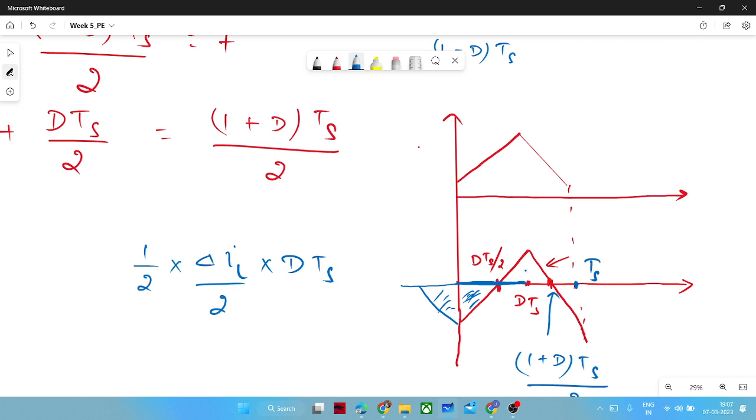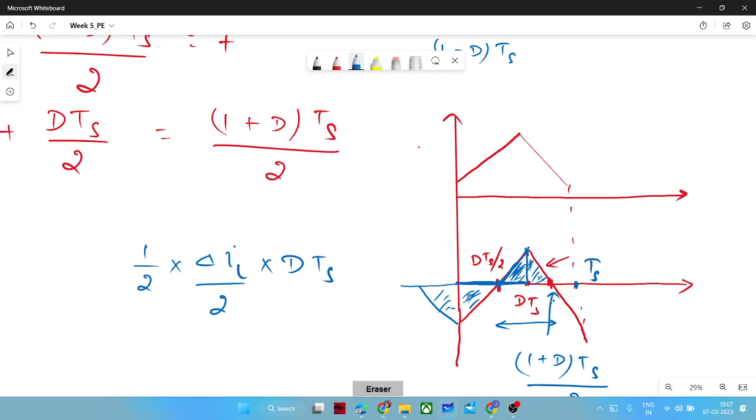From the first positive zero crossing to the second one, the right side also combined, total both combined. But you cannot say that this period is DTS, right?